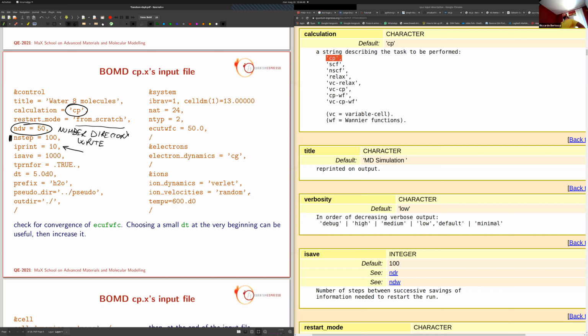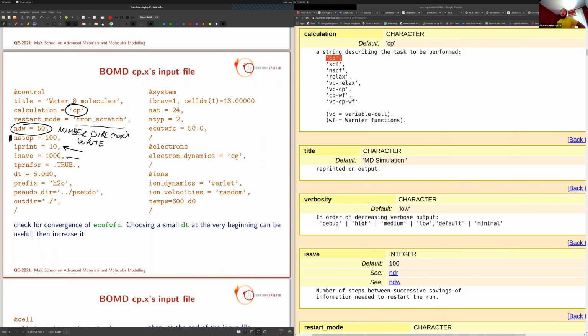If you do that, you may end up with very large files that are useless, because consecutive steps are very correlated. There is not much information in two consecutive steps. So you can say, I want to save one step every 10, so I have a lighter trajectory and enough information to compute all my quantities.